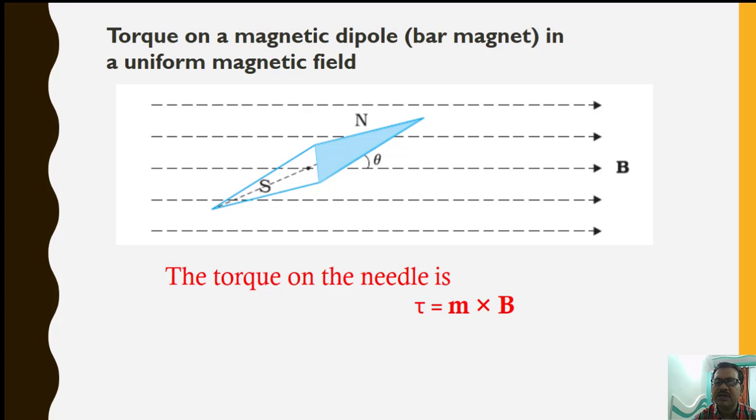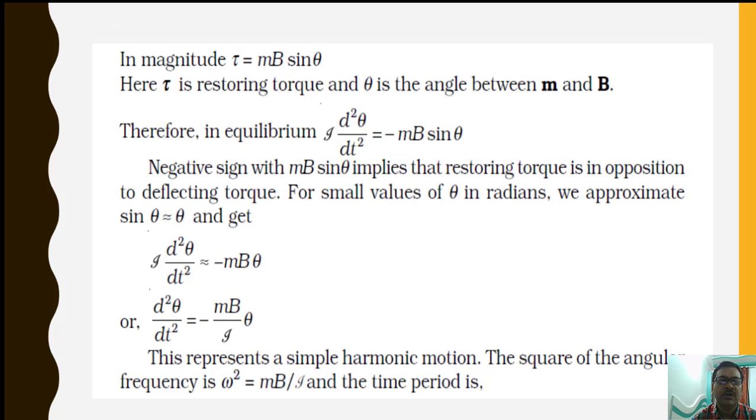The torque on this dial is given by tau equal to m cross B. Its magnitude is tau equal to mB sin theta. Here tau is restoring torque and theta is the angle between m and B.